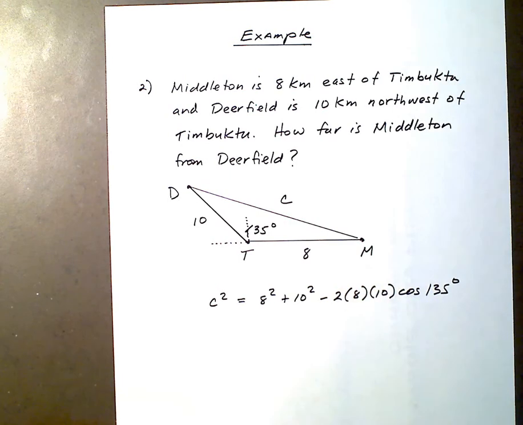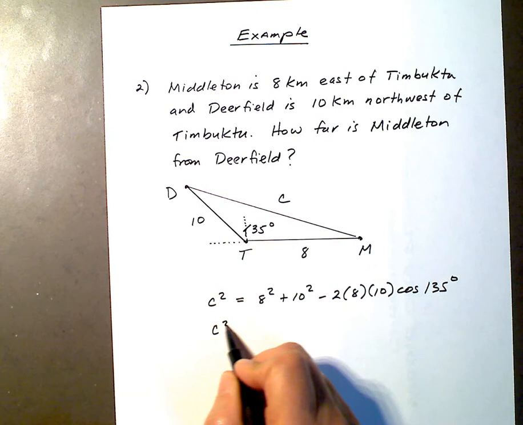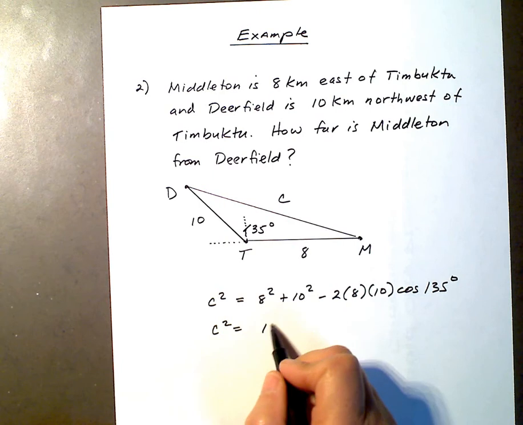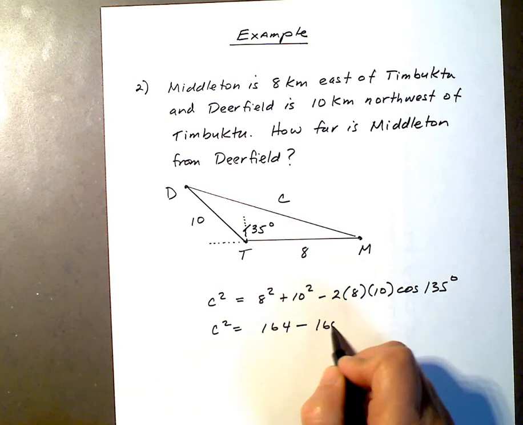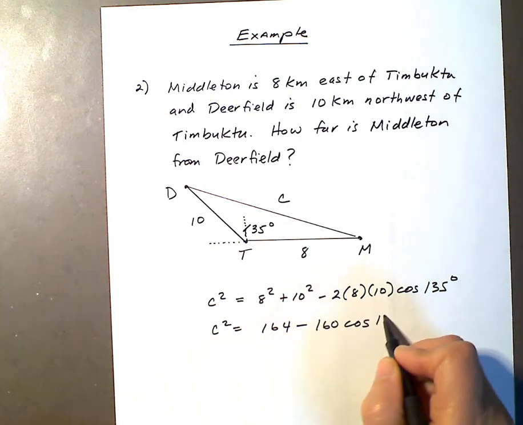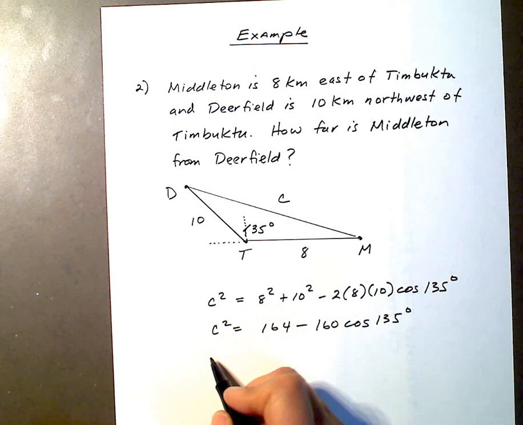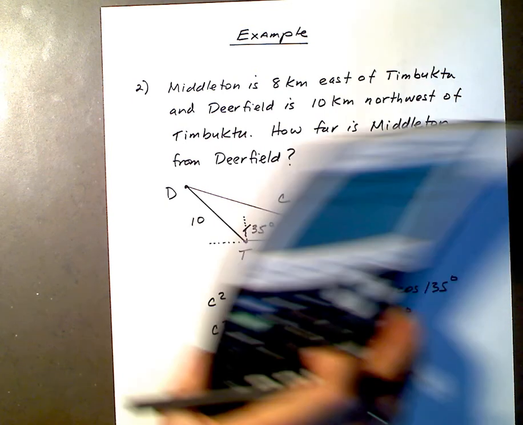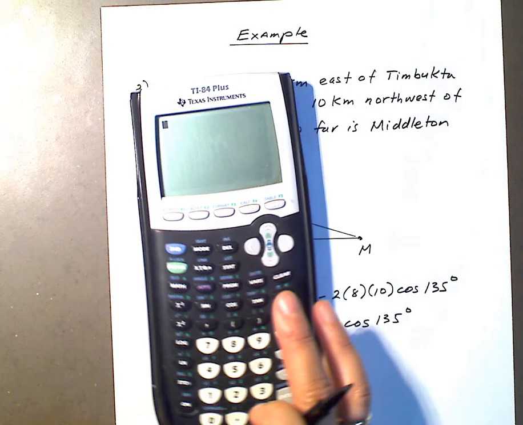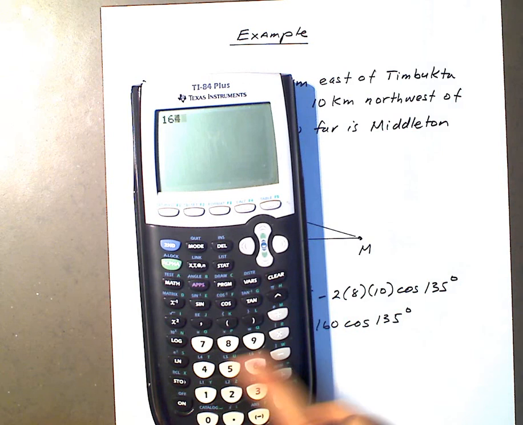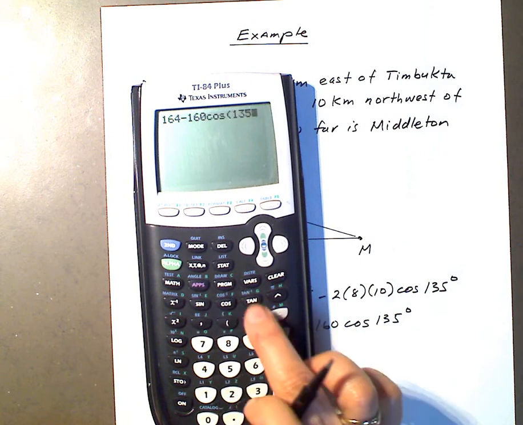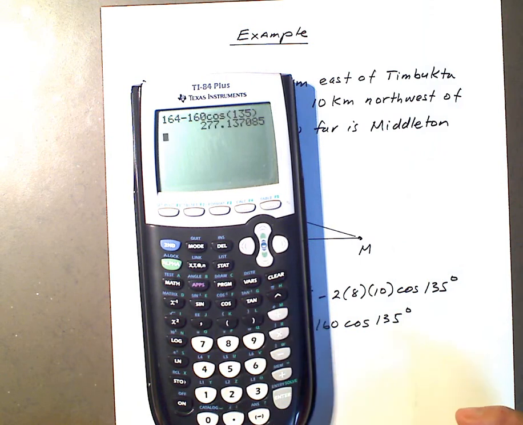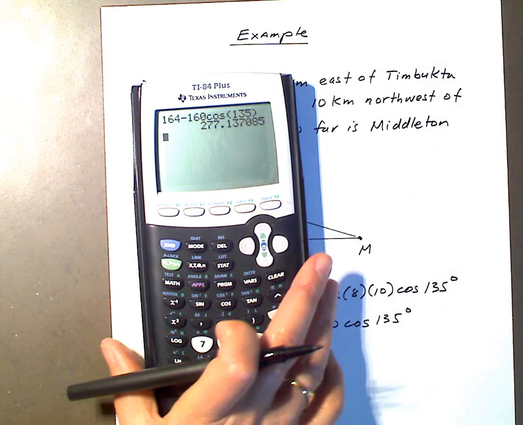So this is going to be 64 plus 100, or 164, minus 160 times the cosine of 135 degrees. So C squared equals, I'll punch that in, 164 minus 160 times cosine of 135, close paren, 277.1371.